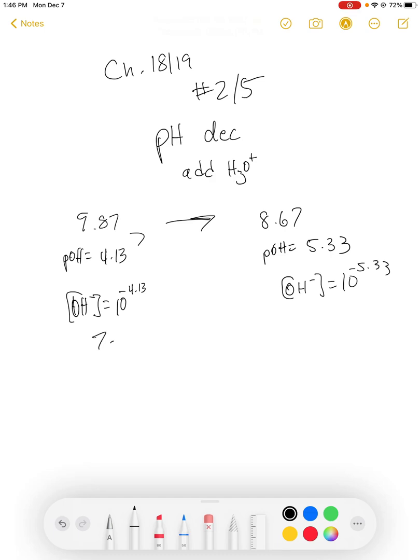So you get 7.4 times 10 to the minus 5 moles per liter. And over here you get 4.68 times 10 to the minus 6 moles per liter. Now that gives us a change of this much.